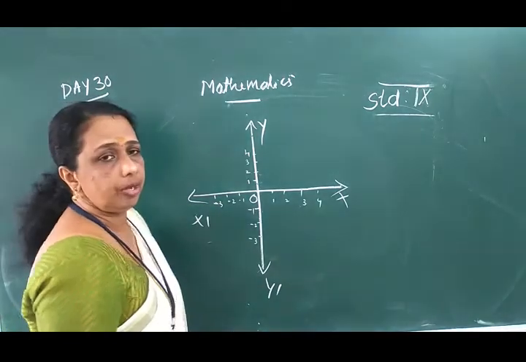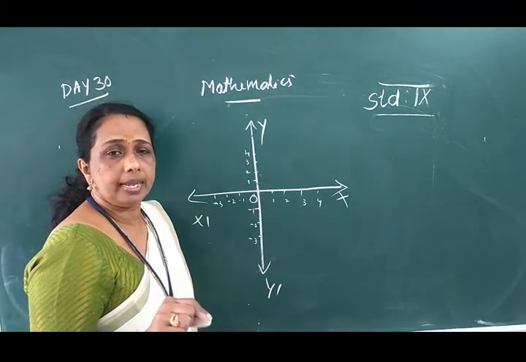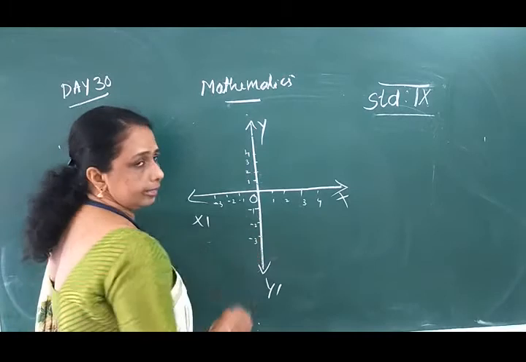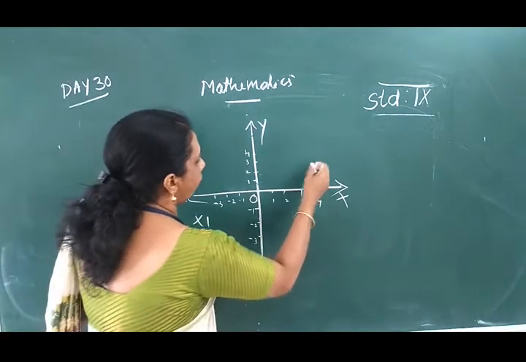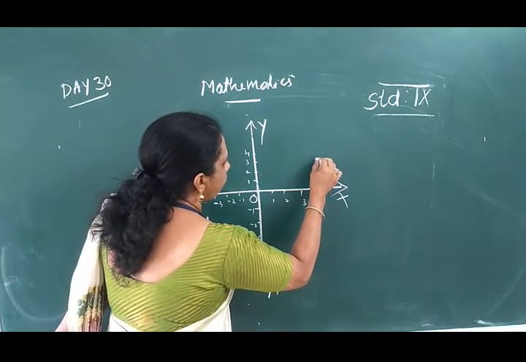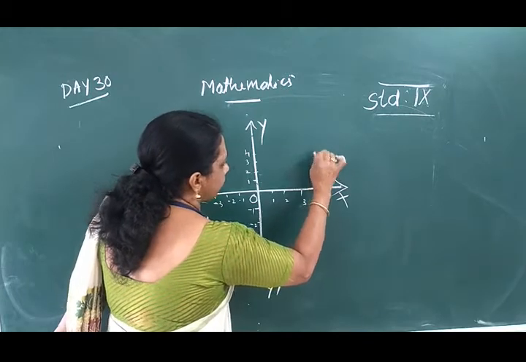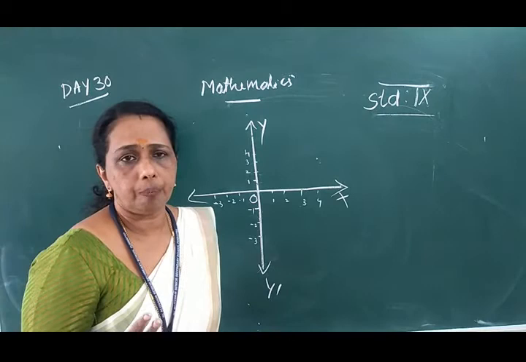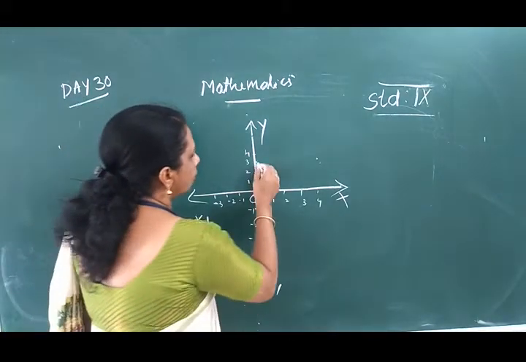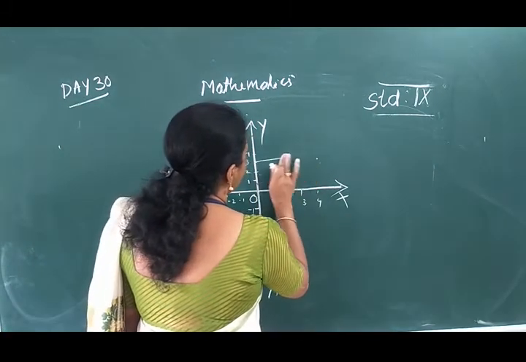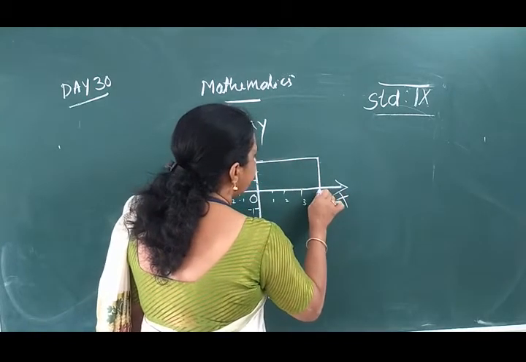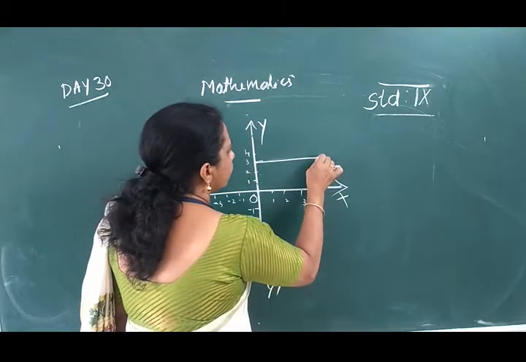Today we will explain the coordinates of a point in the xy plane or Cartesian plane. Here I have taken a point. You know how to locate its position. We already studied that using two perpendicular lines, one horizontal line and one vertical line, we can locate the position of this point.